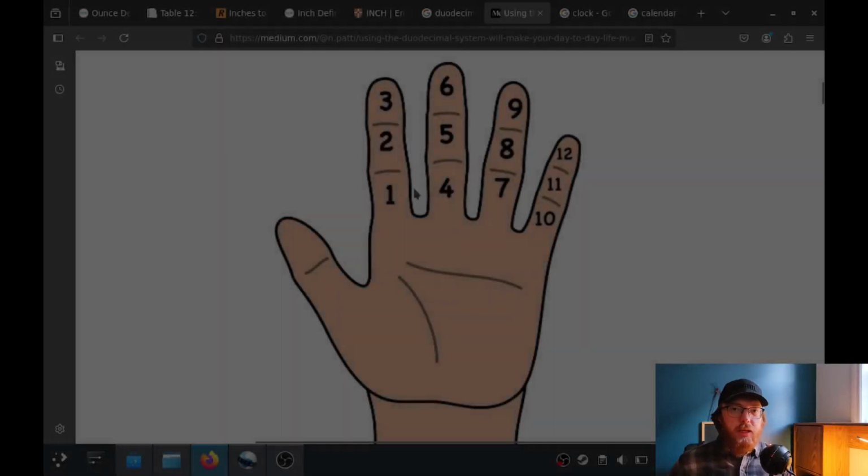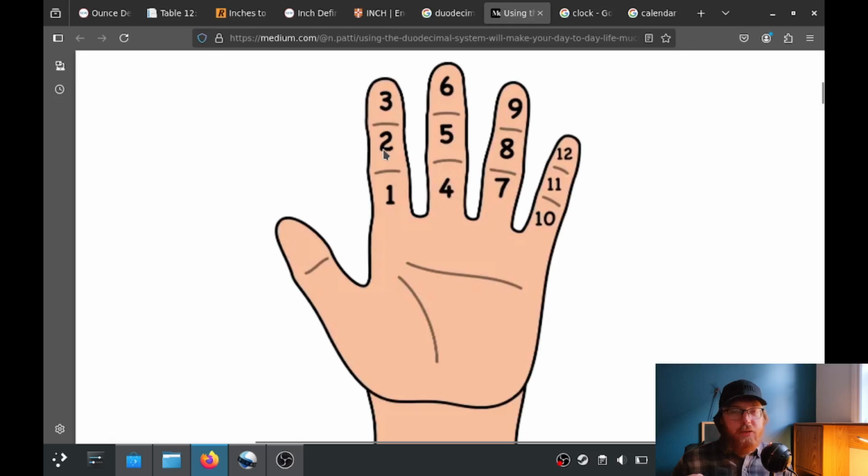And so what they did is they counted on their hands by each finger bone. If you count each finger bone, you have 12 of them. So you'd start at your first closest finger bone, and then you count 2, 3, 4, 5, 6, and etc. up to 12. And so you could actually count to 12 on each hand with something else in the other hand.